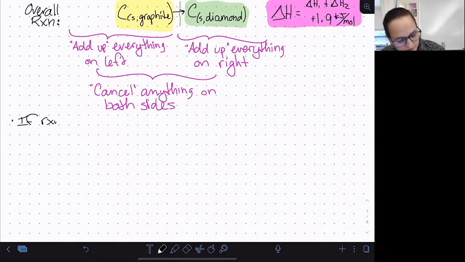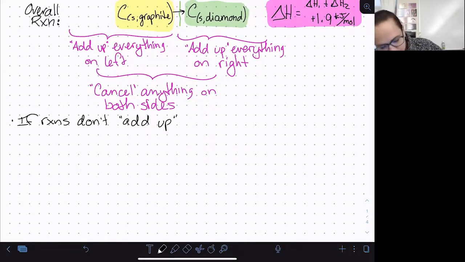So if our reactions don't add up, we can do some rearranging in order to make it work.